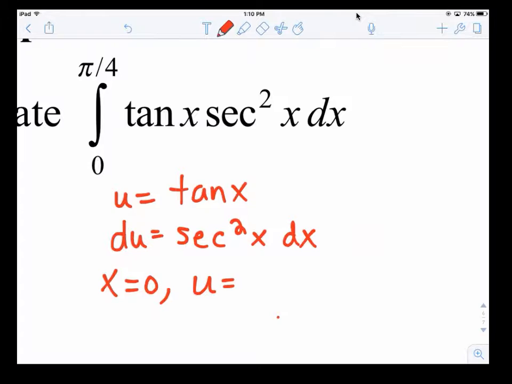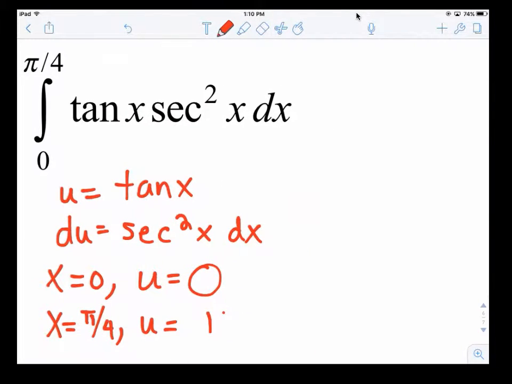So what is tangent of 0? 0. Now when x is pi over 4, u is what? So what's tangent of pi over 4? 1, right? So now changing everything around, I have 0 to 1 of u du.